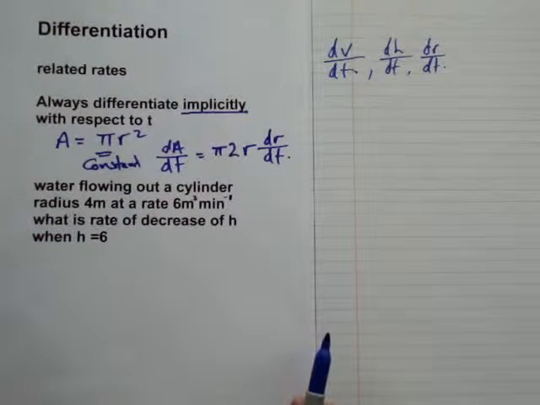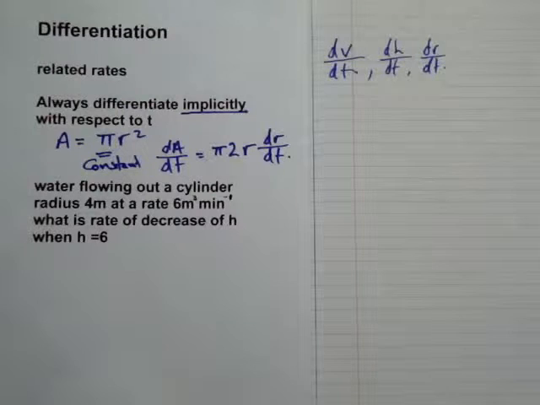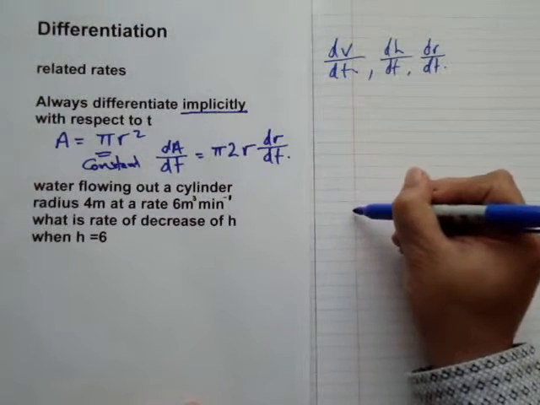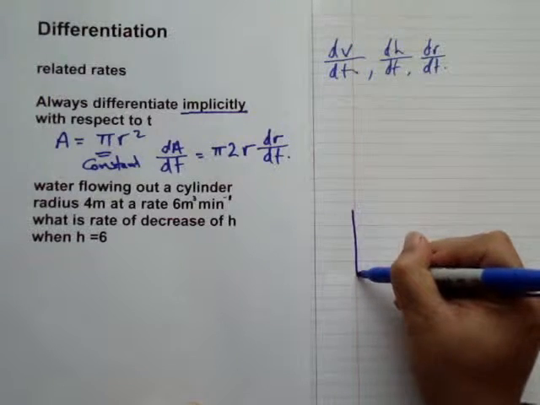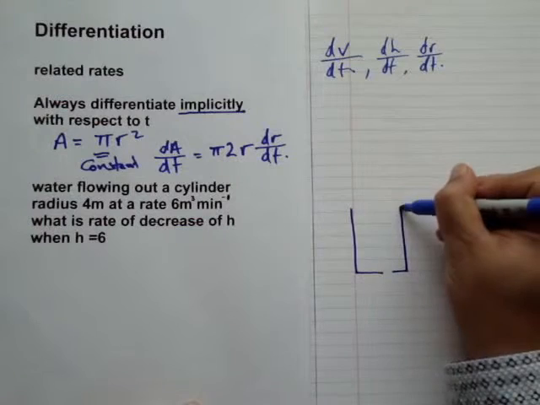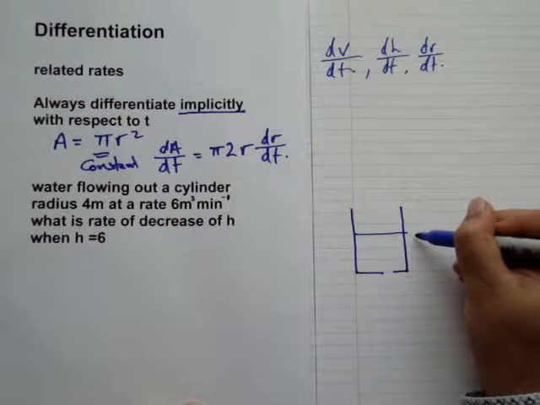So let's give some examples. Water flowing out of a cylinder of radius 4 meters at a rate of 6 meters cubed per minute. What is the rate of decrease of h when h equals 6? So let's draw a quick diagram. A little hole in the cylinder at the bottom, full of water.